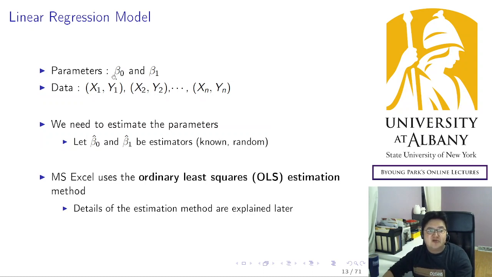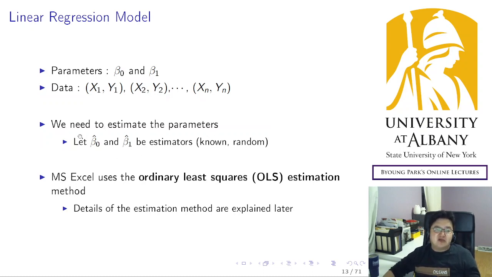So far we learned parameters are beta 0 and beta 1, and data are pairs of x and y's, right? And we assume that we observe n number of pairs of x and y, cost and output, and other examples, consumption and income, or price and quantity, and you can think about many examples. And what we want to do is estimate the parameters.